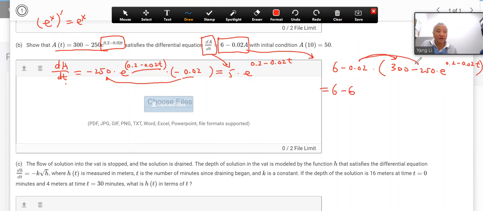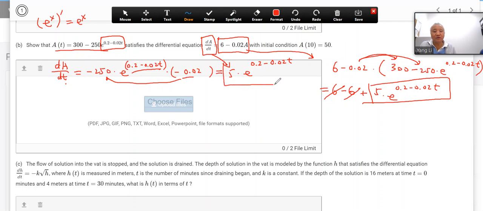Then negative times negative is positive, and 0.02 times 250 gives 5, so you get 5 times e to the 0.2 minus 0.02t. The 6 and minus 6 cancel. So the right side of the differential equation equals this, and the left side also equals this. They are equal, so that means this is the solution.